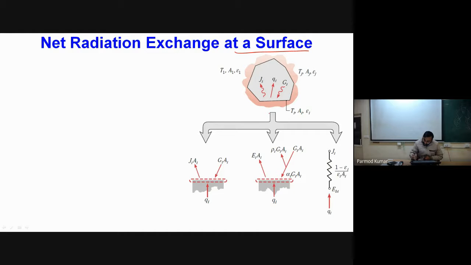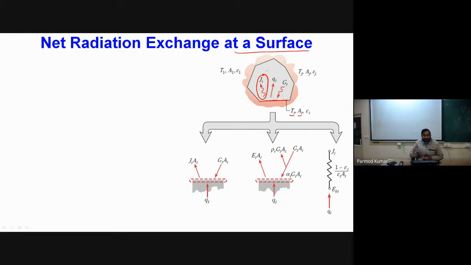So what I am considering is, say we have one enclosure, and this surface I have considered as an isothermal surface having temperature Ti, and Ai is the surface area of this surface, and epsilon i is the emissivity. Now we are considering that Ji is the total radiosity.